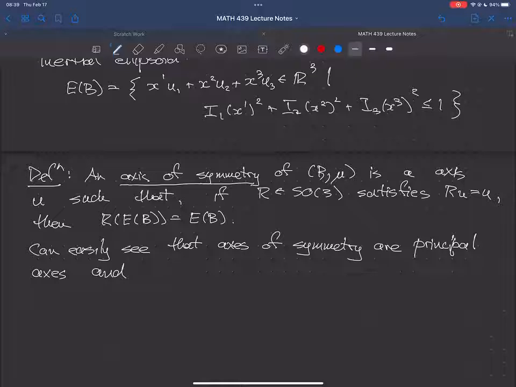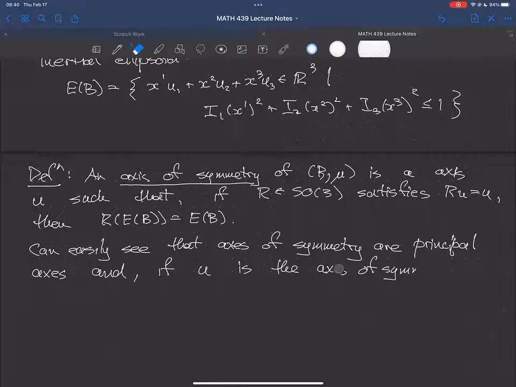Okay, so you can easily see that the axes of symmetry are principal axes. Let me say it the other way around.